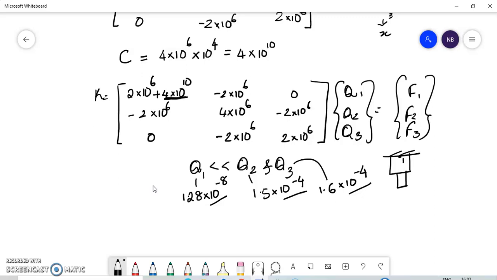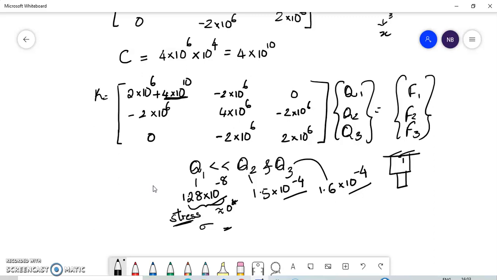Next, after you find out Q1, Q2 and Q3, you are going to find out the value of sigma, that is the stress. When you are finding out the value of stress, make sure that for Q1 you use this value. Although this is almost equal to 0, do not use it as 0, but use this very low number to get your stresses.